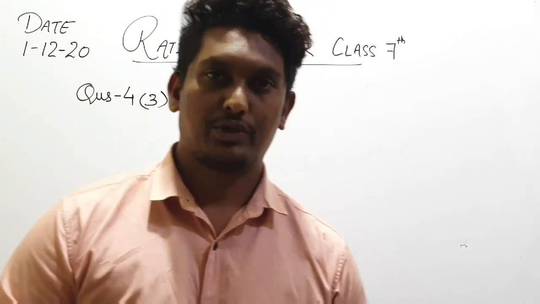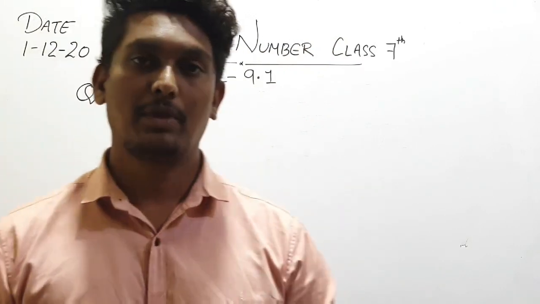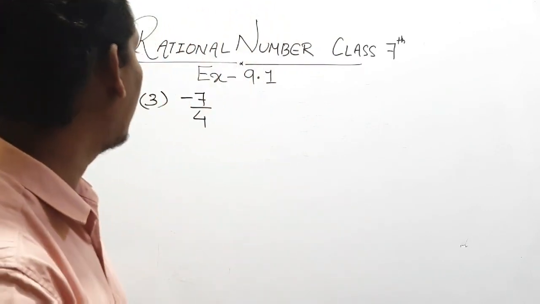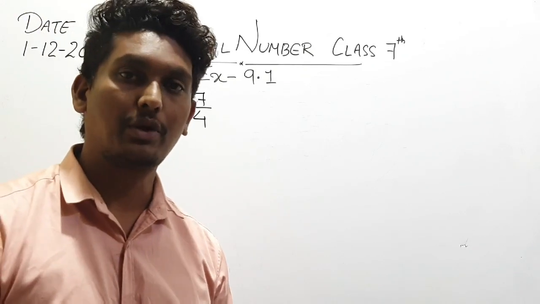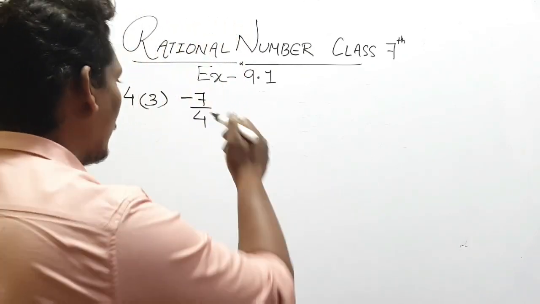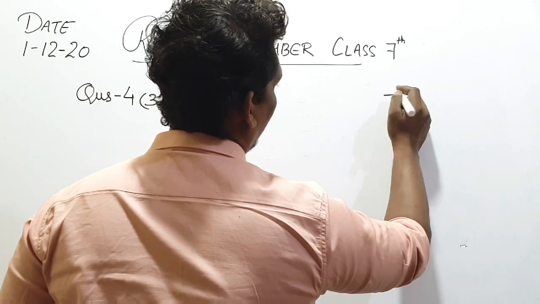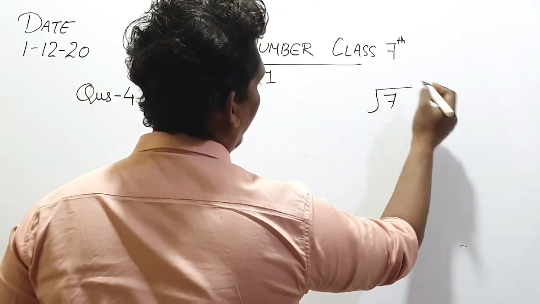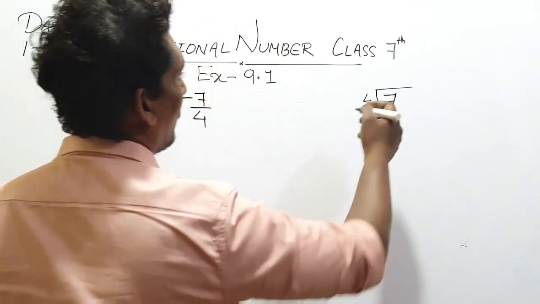Okay, now come to the next question, question number third one. Here the rational number is -7 by 4. We have to represent it on the number line. First we are going to divide this -7 by 4.